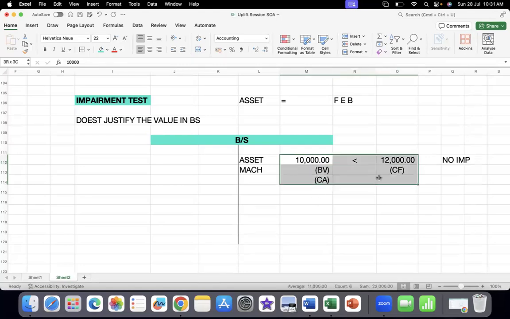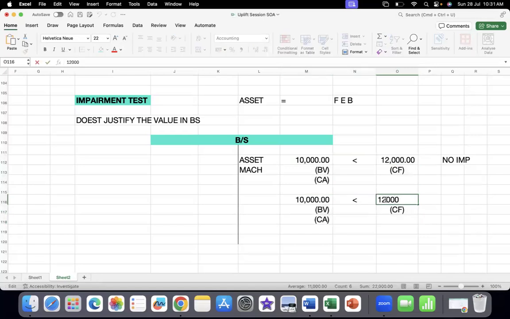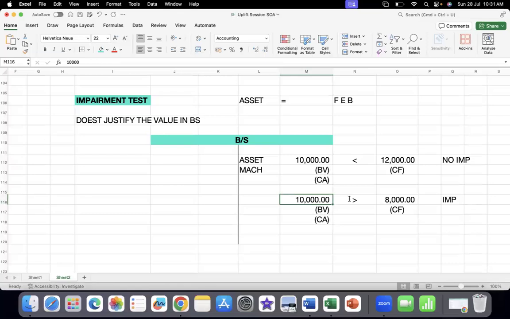But what if the value from my cash flows is, say, 8,000? That means what I am saying is incorrect. I'll not get 10,000. I'll get 8,000. And that's why you do an impairment. What you predicted is that you will get a revenue of 10,000, but the market is saying that you will only get a revenue of 8,000.